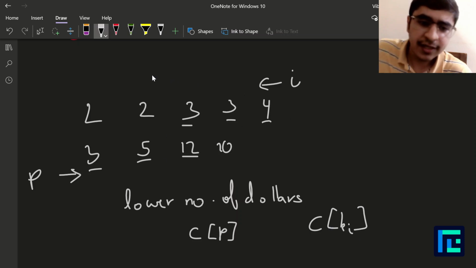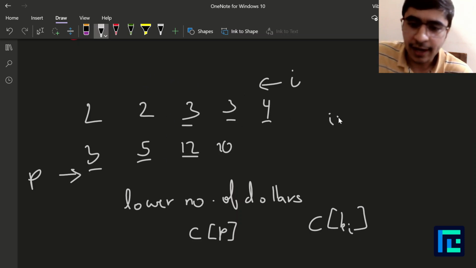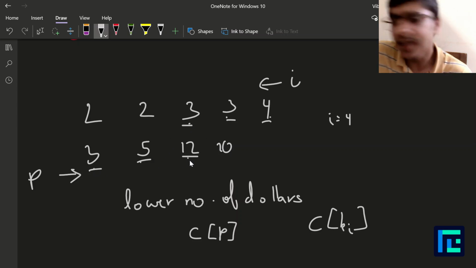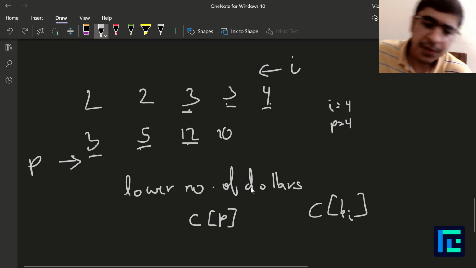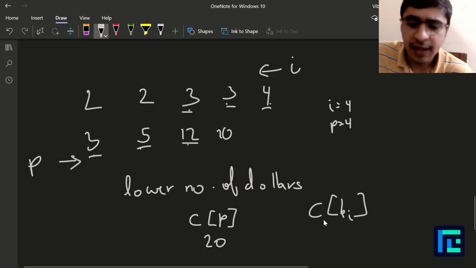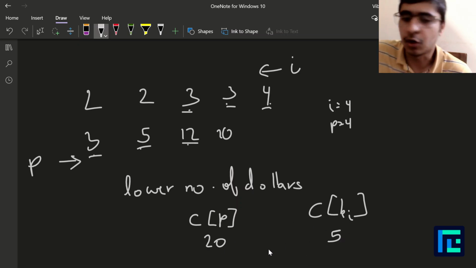So if I look at the case of I equal to 4, for the first person, I equal to 1, P equal to 1, I gave the present. I equal to 2, P equal to 2, I gave them the present. I equal to 3, P equal to 3, I gave them the present. Now my P value is 4 and my I value is also 4, right? So my CP becomes $20 and my CKI becomes $5.